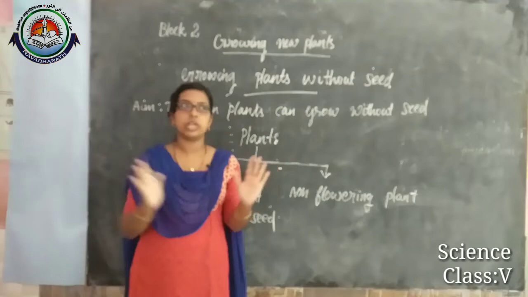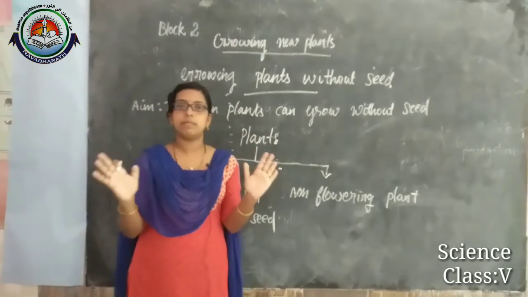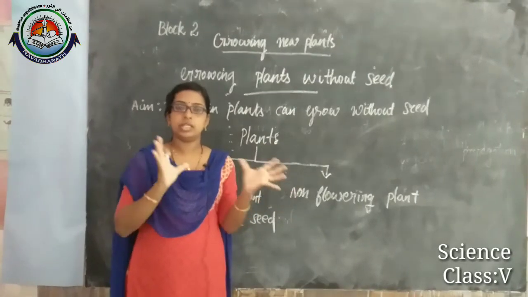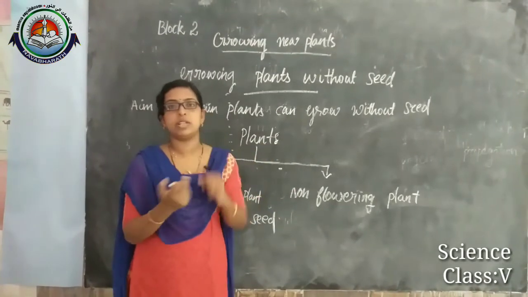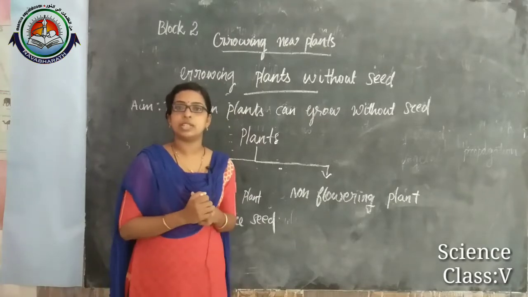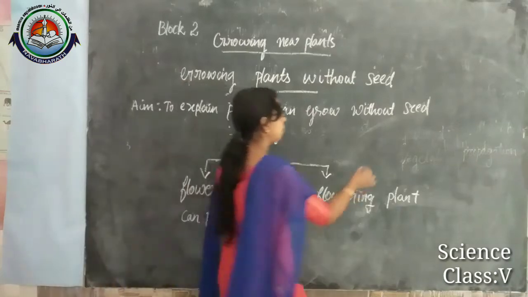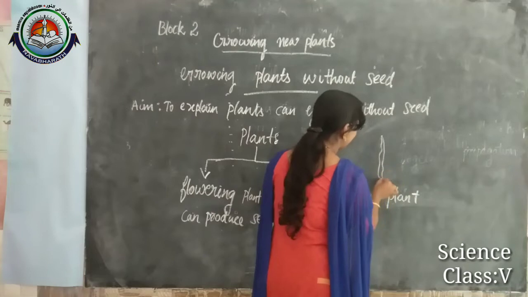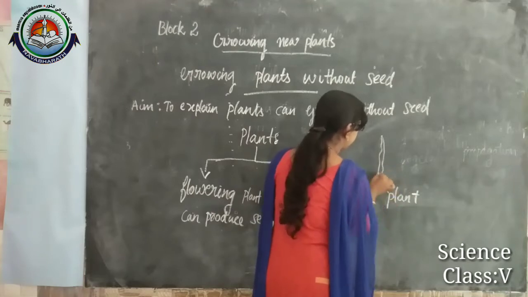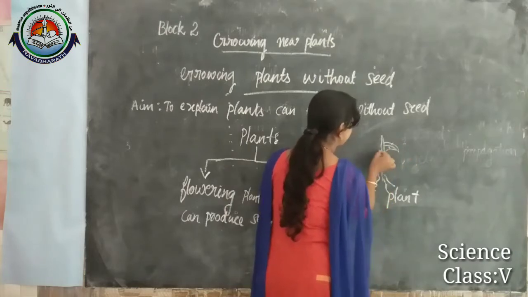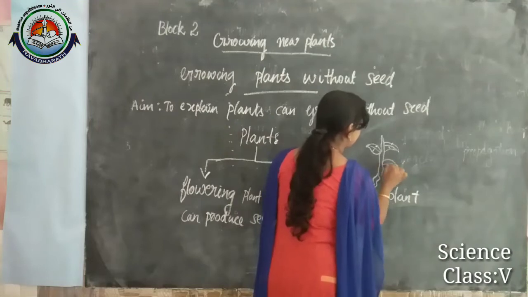Normally when we look around us, we can see plants with some particular parts. What parts can you see when we look outside? Can you see the leaves? Yes, normally if we consider any kind of plant, it may have leaves. Then what other things?